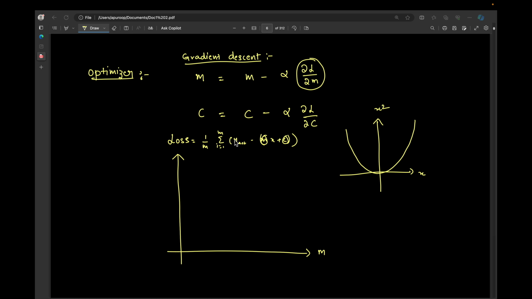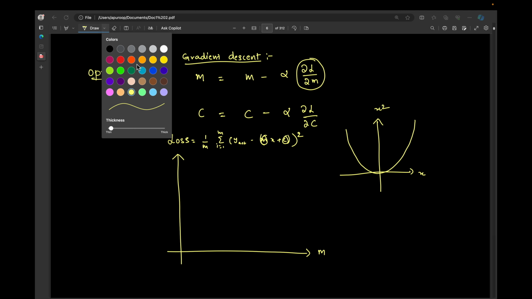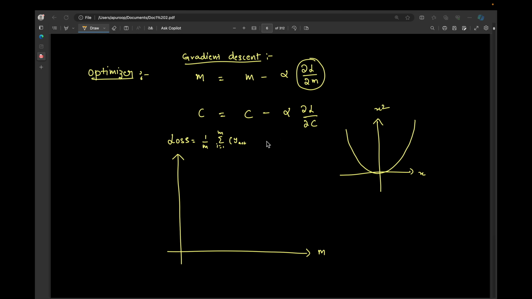Okay, so whole square will also be there. So if we make everything constant, suppose just think that everything apart from m are constants, then it is y actual minus mx plus c, and this will be our loss function.